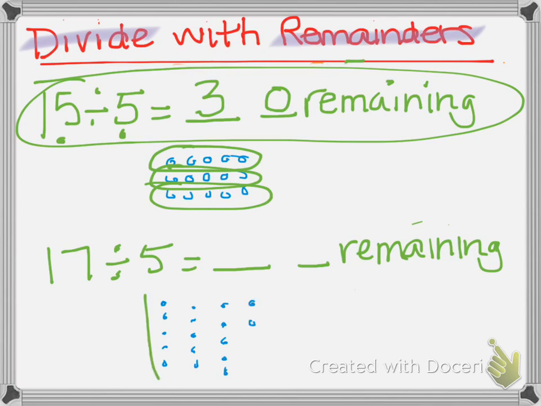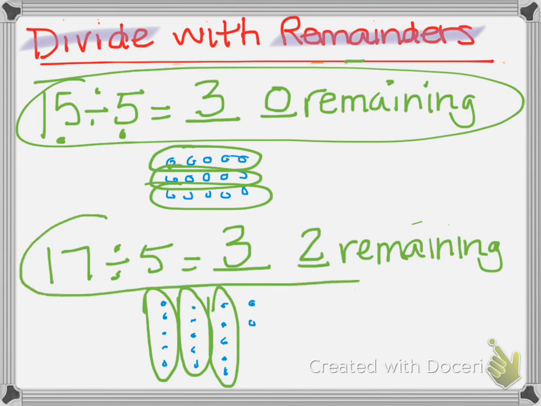And we need groups of 5. So there's 5 and 5 and 5. But these two can't go in a group because we need 5 for a group and they don't fit anywhere. So I circled 3 groups of 5, but I have 2 that are left over or that are remaining. 17 divided by 5 equals 3 with 2 remaining.